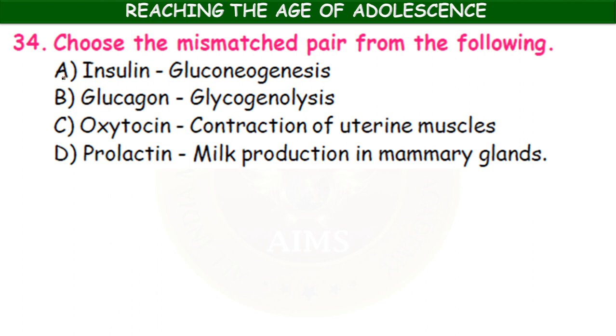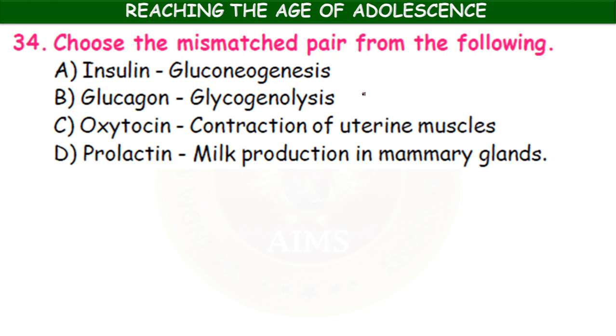Choose the mismatched pair from the following: insulin, gluconeogenesis; glucagon, glycogenolysis; oxytocin, contraction of the uterine muscles; prolactin, milk production in the mammary glands.